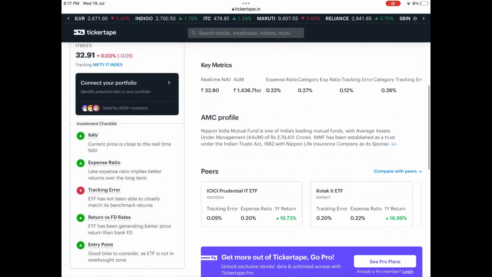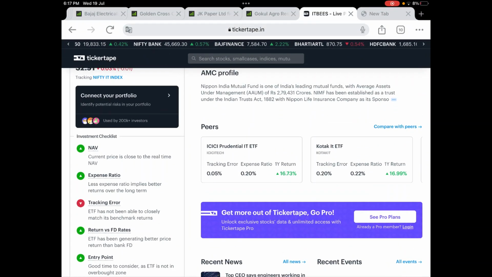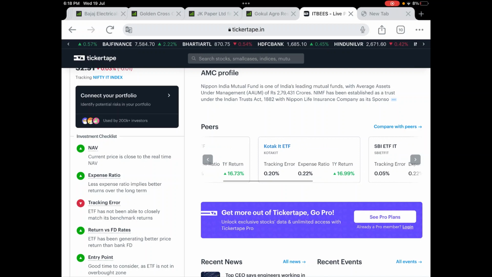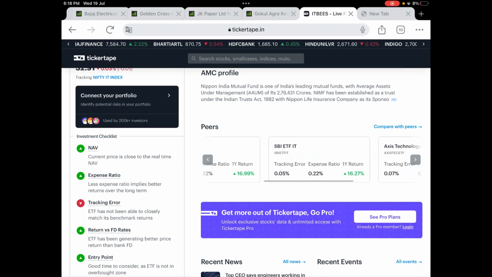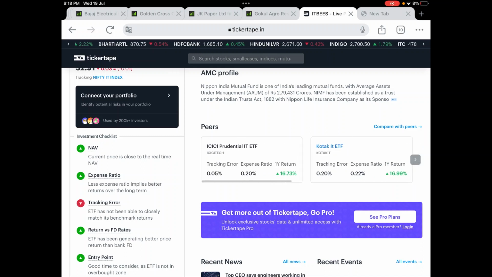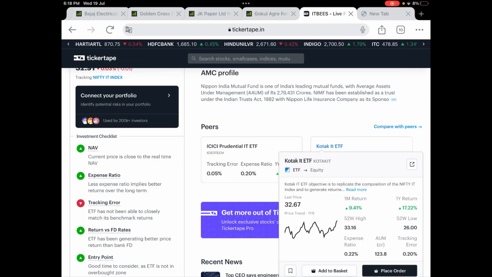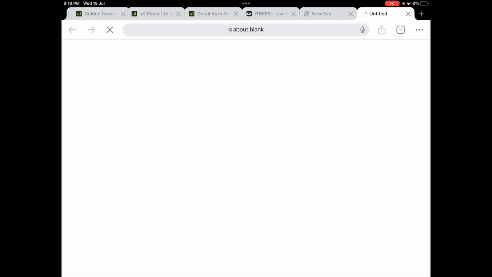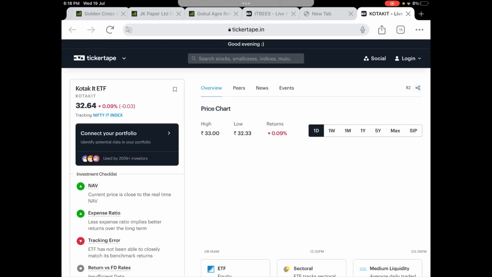So now if you see, there are others as well, as I told you, it's not only Nippon who is providing, there are others as well, like ICICI Prudential, Kotak. All these are again IT ETFs, and they all track the IT sector. Suppose you go to Kotak ETF and check. So let the page open. Yeah.